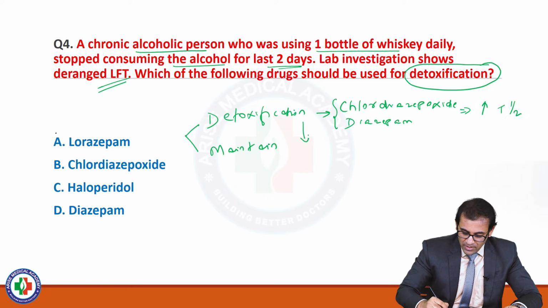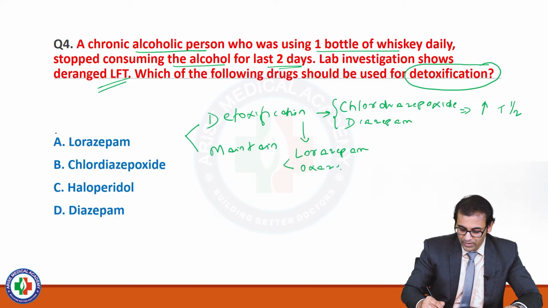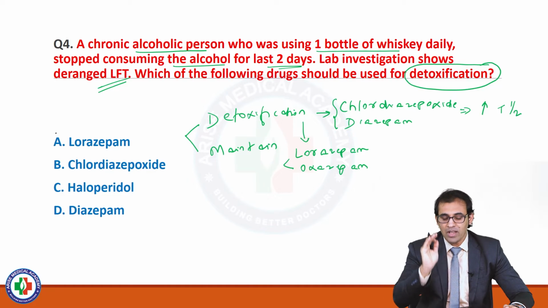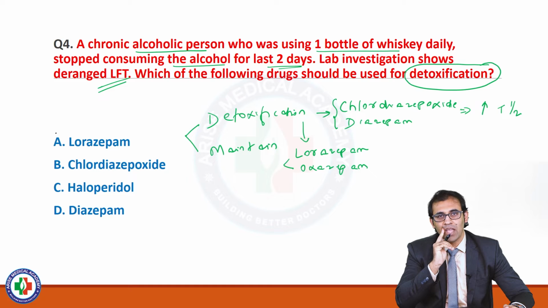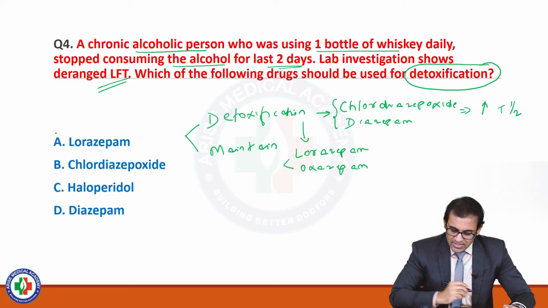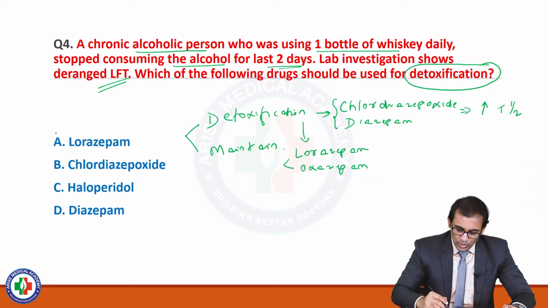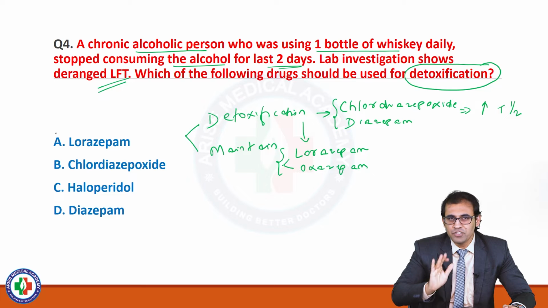Safe benzodiazepines are lorazepam and oxazepam. These two are safe. Chlordiazepoxide and diazepam are metabolized via oxidation and glucuronidation. But lorazepam and oxazepam follow only one pathway, so they put less stress on the liver.